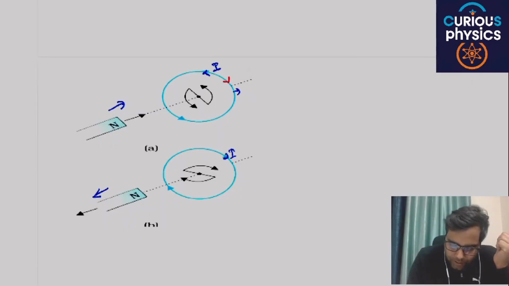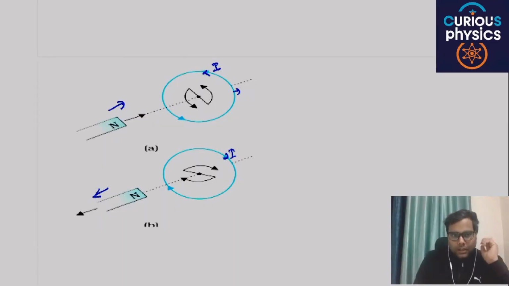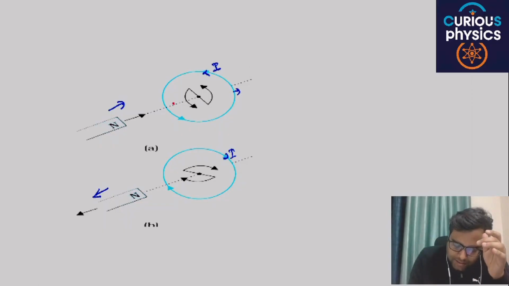To understand this concept, let's say the actual direction of current is anti-clockwise. It will produce the magnetic field in this direction, meaning there is a north pole and a south pole.